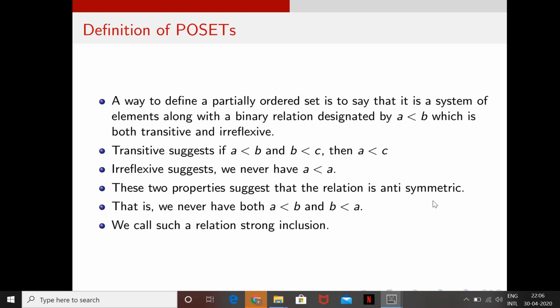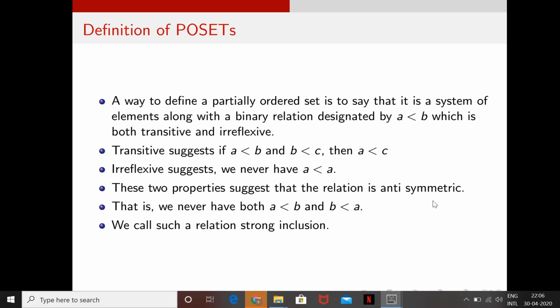A relation R on X is said to be antisymmetric if x relates y and y relates x implies x is equal to y. Now you will think that I have not defined it in the same way as I have defined irreflexive. In irreflexive, I first gave the definition of reflexive and then said to take the negation of it.